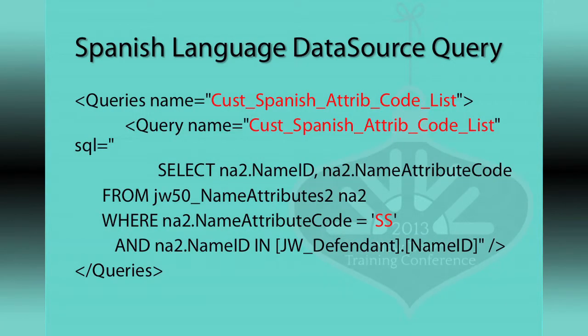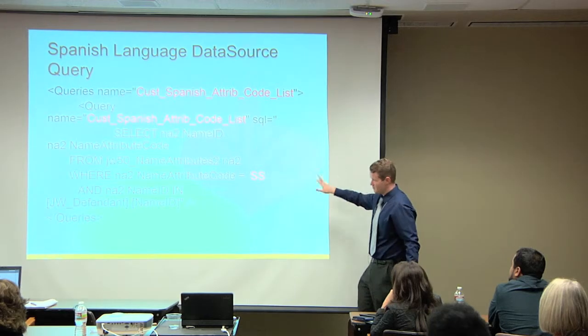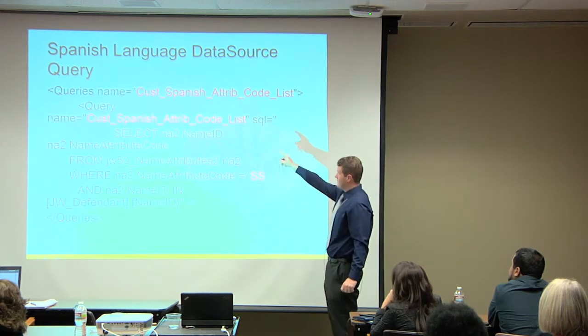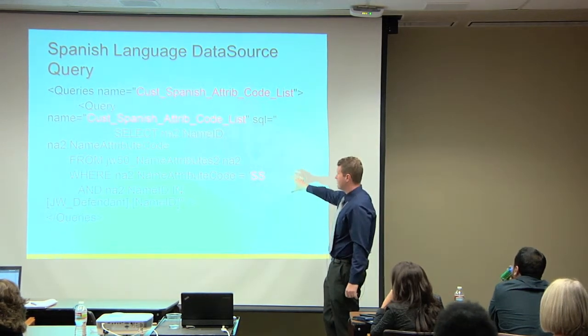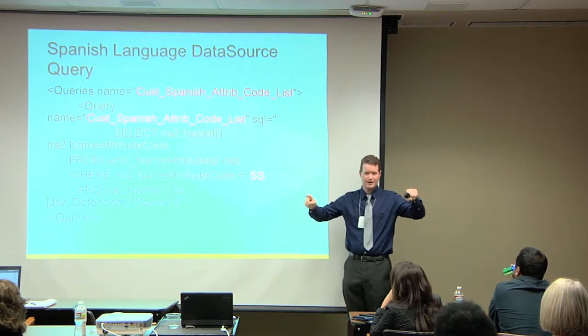So first, I'm just going to give you the data source query, which pulls whether they speak Spanish or not. There's no reason to type this down or write this down. It's already on the community forum. So don't try to get this really quickly because I'm going to move on. So up at the top, I just used the name attribute code. And everything in red, by the way, are things that you should modify in your database.